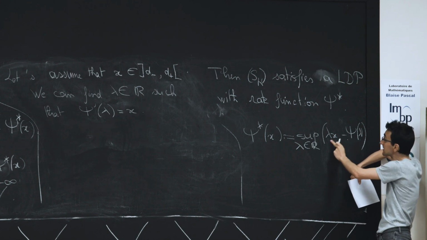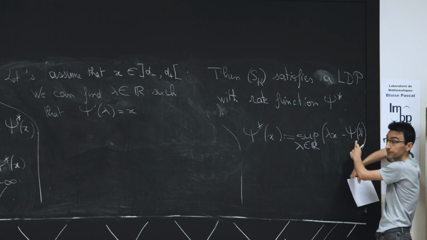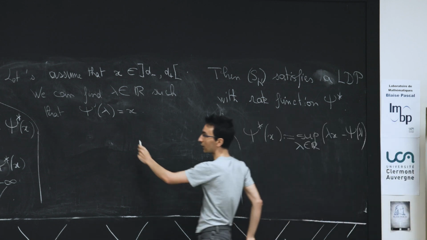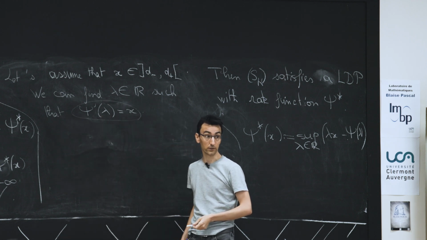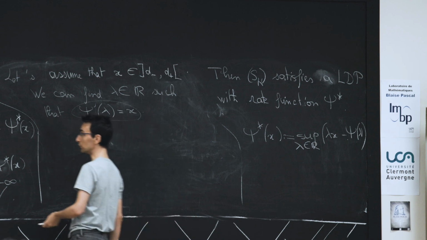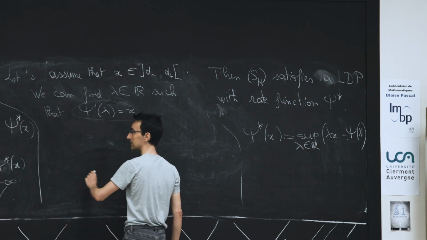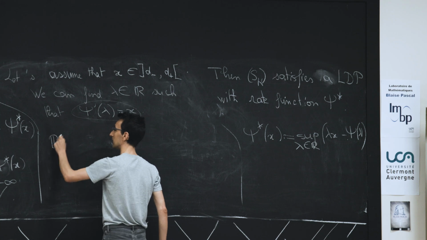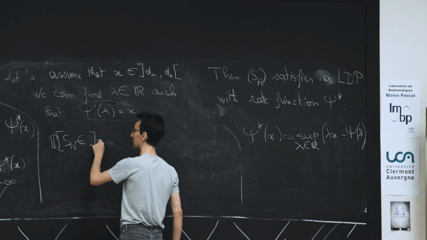So you see that the best lambda possible should satisfy x equals psi prime of lambda. And so now we have our selection. We have made sure that we can select lambda that is like this. And so now we are ready to think about this. We have selected our lambda, and we're starting to try to estimate this probability that Sn belongs to this small interval around x.